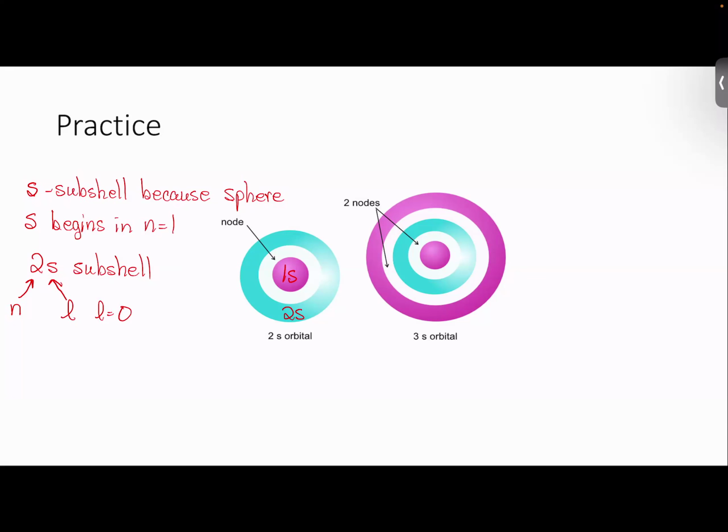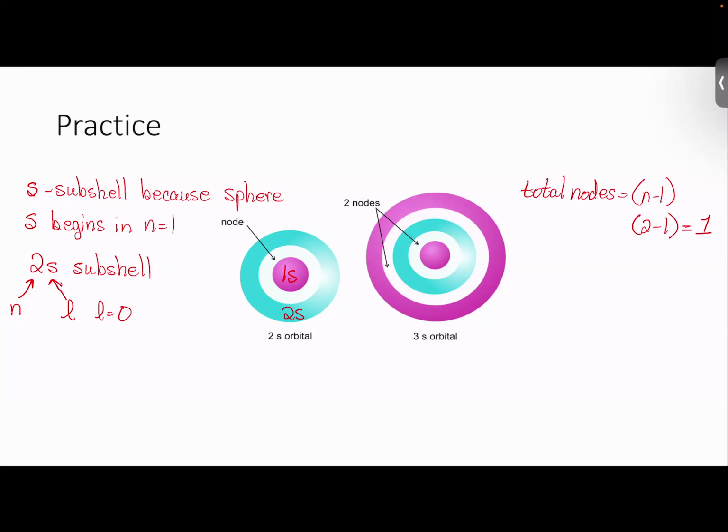Now your total nodes was equal to n minus 1. So we're talking about 2 minus 1, or in other words, 1.